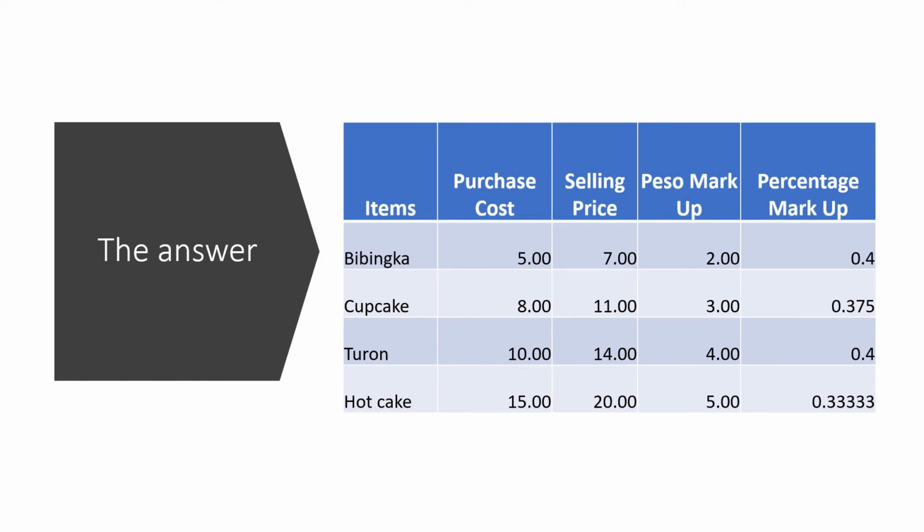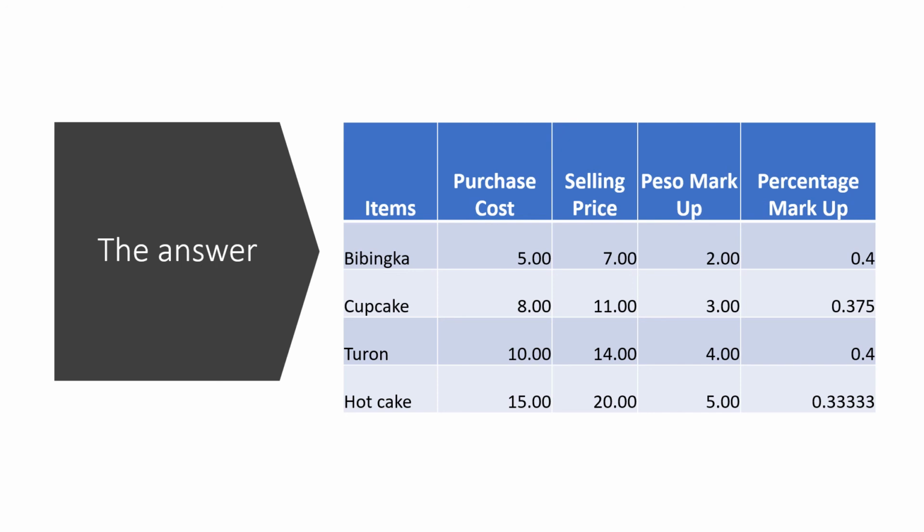To get the percentage markup, you have to divide your peso markup by the purchase cost. So, that's 2 divided by 5 is 0.4.